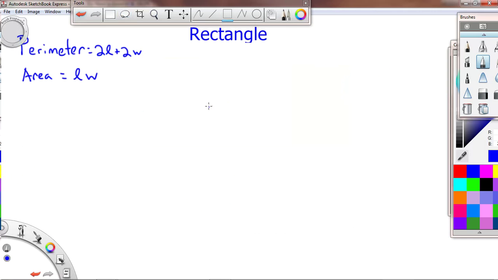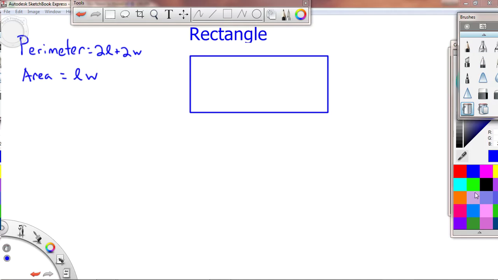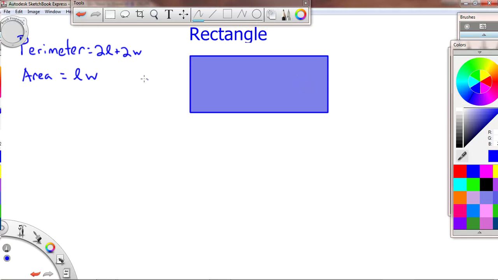Okay, let's say that I've got, I'll call this a, we're going to call this 3 feet by 8 feet. Okay, let's find our perimeter.